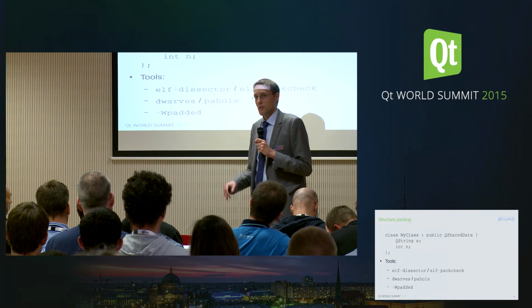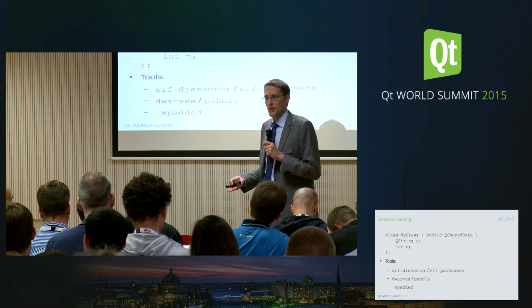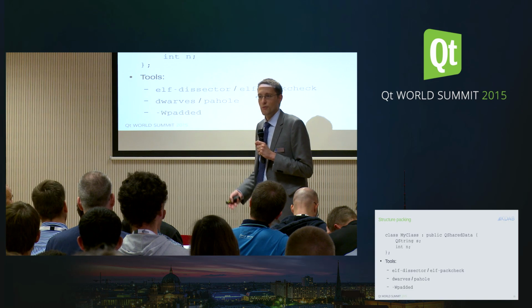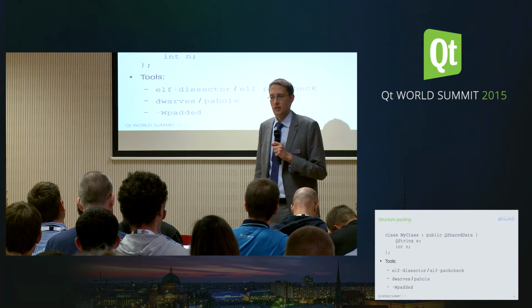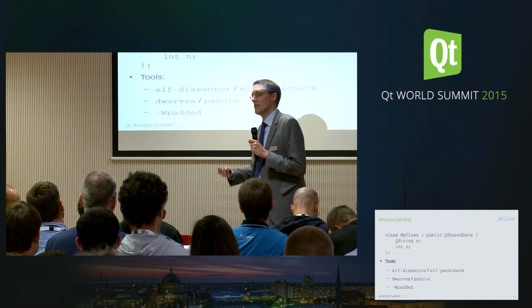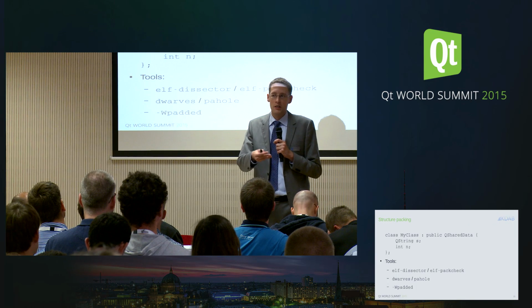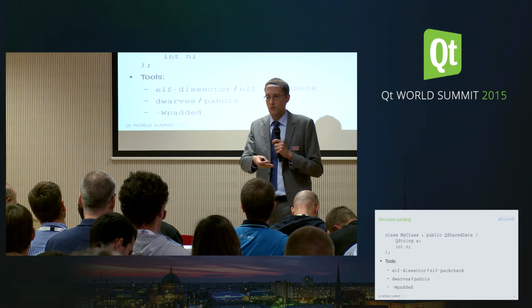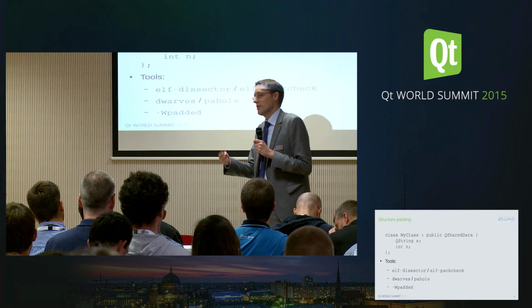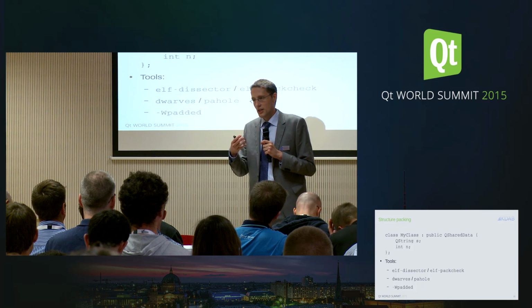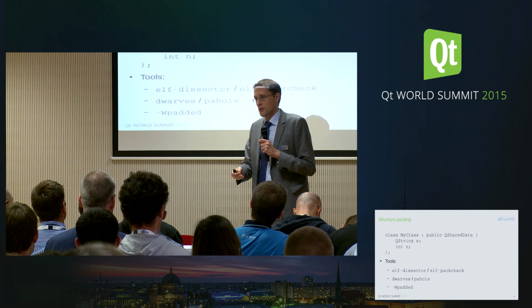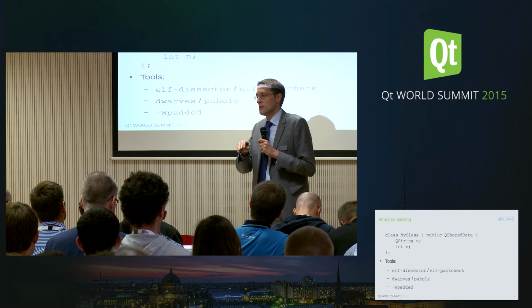You can use NM to just get a complete list of everything that's in there and look for the symbol. That's the usual workflow, right? The linker tells you, I can't find the symbol. You look at your code. You think it's there, right? It's exported and looks all correct. Then you can look at the DLL, list all the symbols, and filter it for the one you're looking for.